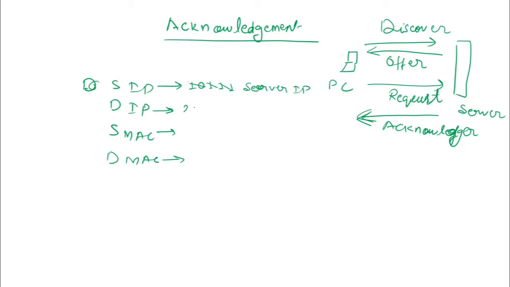Rather we will use the broadcast IP address, that is 255.255.255.255. What will be the source MAC and destination MAC? I think that's quite simple. Source MAC is the MAC address of the server, and the destination MAC will be the MAC of the PC. That's quite good.